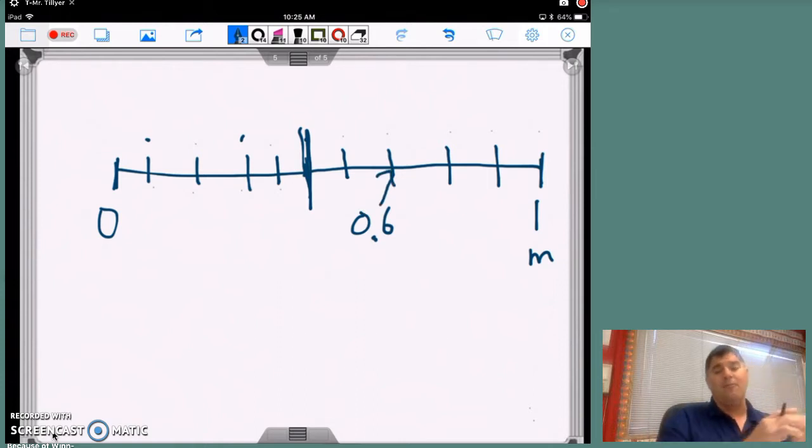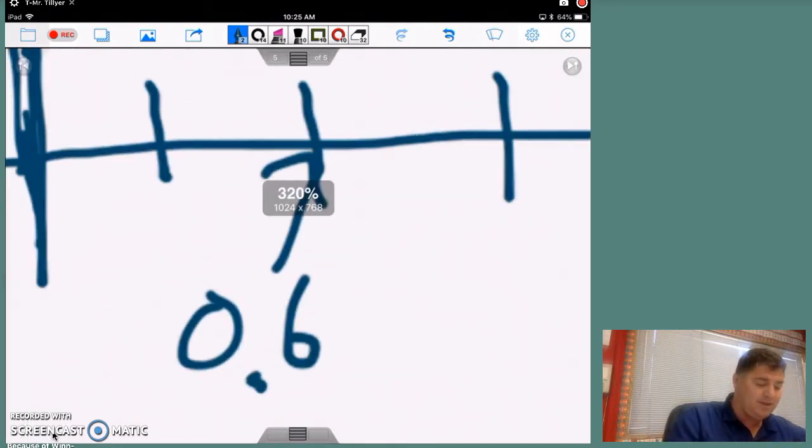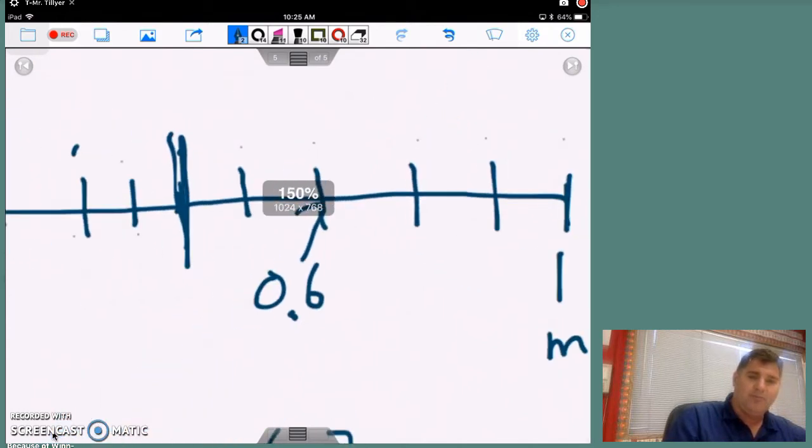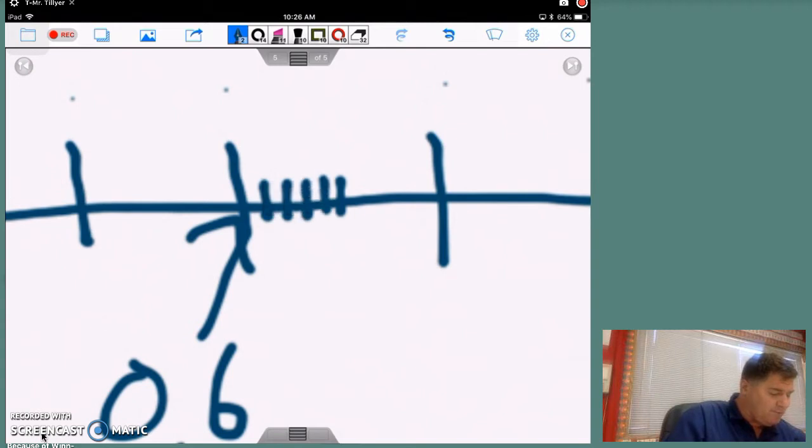But let's say we want to get a little bit more. We wanted to show 63 hundredths. How would we find that? Well, we'd have to zoom in. Right here between 0.6 and 0.7, we'd have to make 10 spots: 1, 2, 3, 4, 5, 6, 7, 8, 9, and 10.